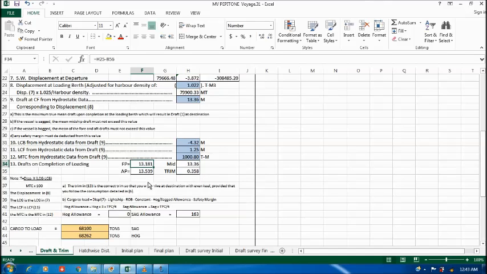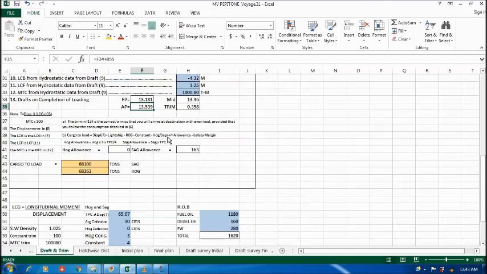And now, applying our forward drop, you have to subtract 1/2 of the trim, which equals your forward drop, and your forward drop plus your trim gives us your aft drop. So that's why we compute our drops on the completion of loading.